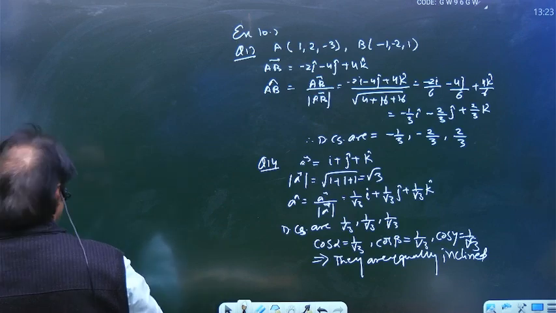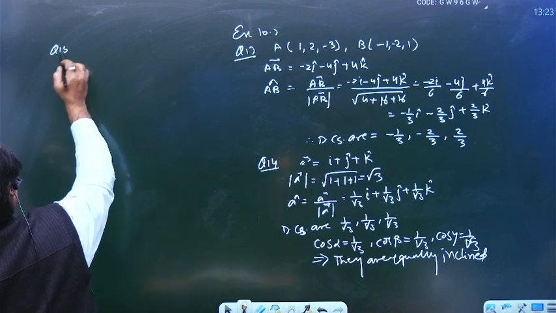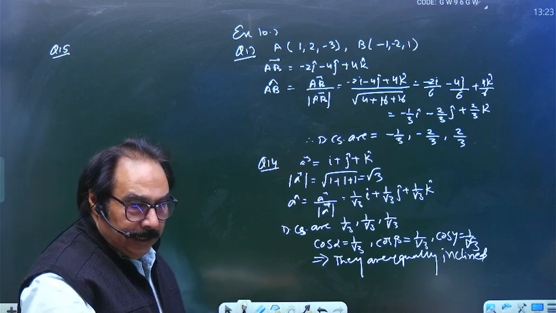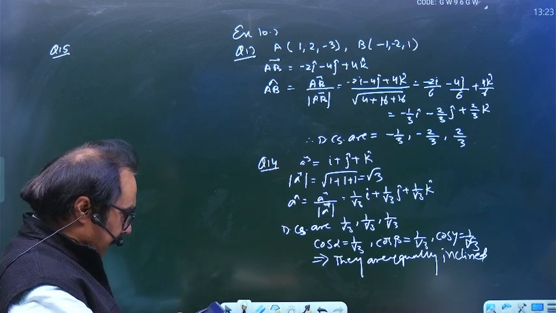Question number 15. The 15th question is for the internal division. Here the two vectors are given.